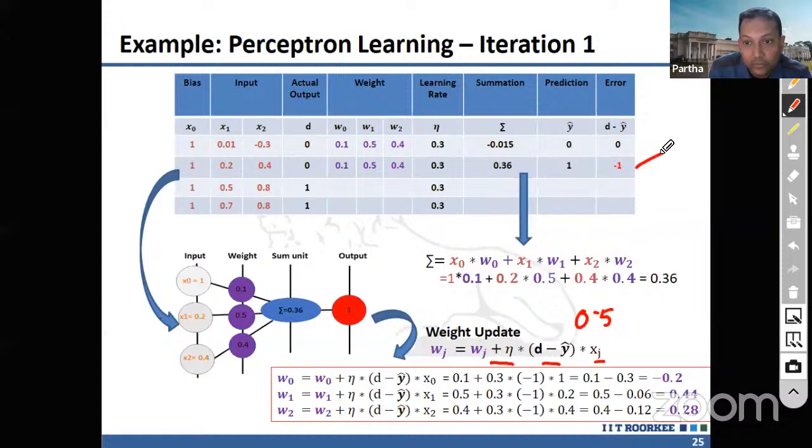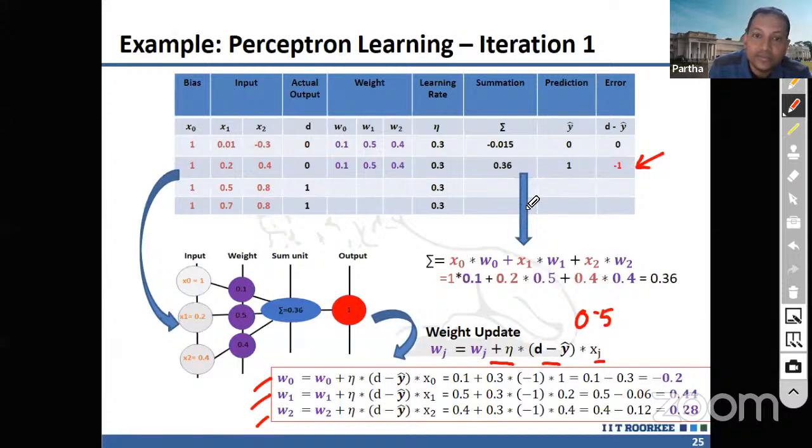So if we get one error, then all these weights will be modified. In the first step, I didn't get any error, so there is no change. In the second sample, I got an error, so W0, W1, W2 all need to be modified.